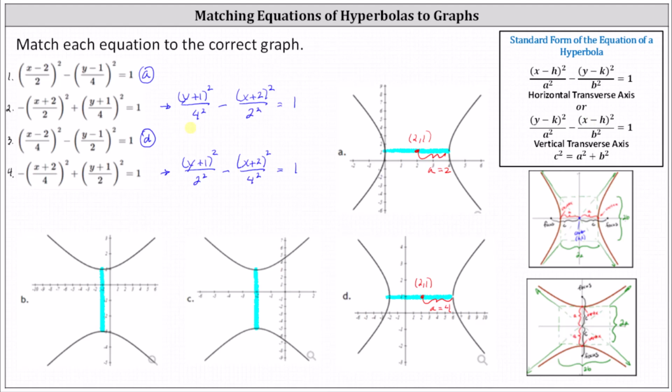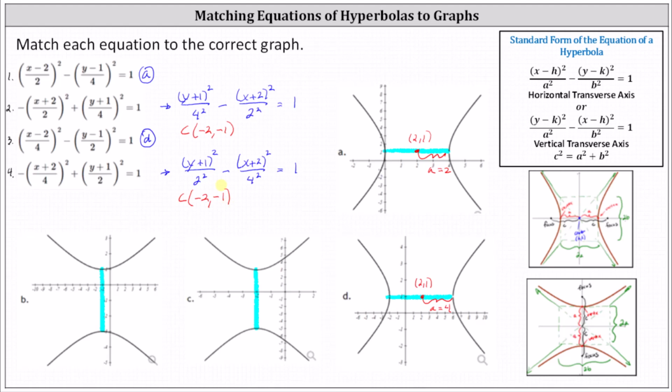For equation 2, because we have x plus 2, h is negative 2, and because we have y plus 1, k is negative 1. Similarly, for number 4, because we have x plus 2, h is negative 2, and because we have y plus 1, k is negative 1. So both centers are negative 2 comma negative 1.